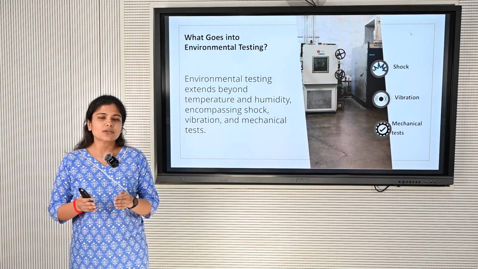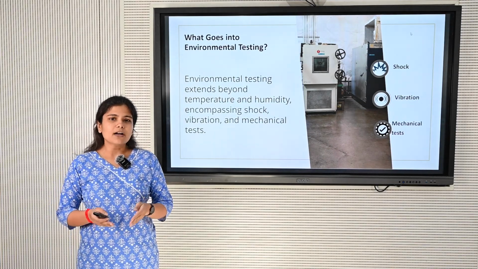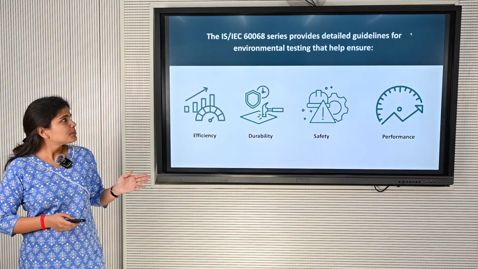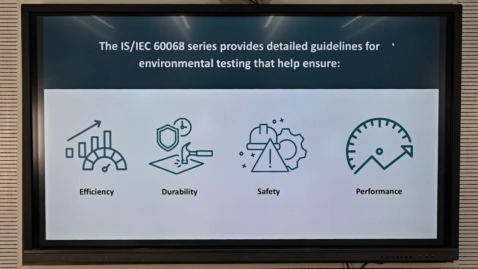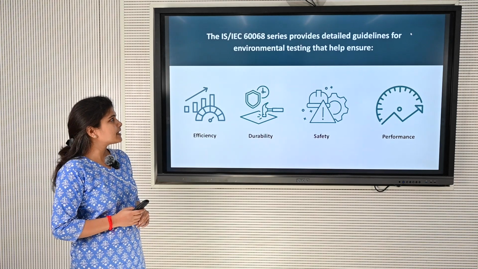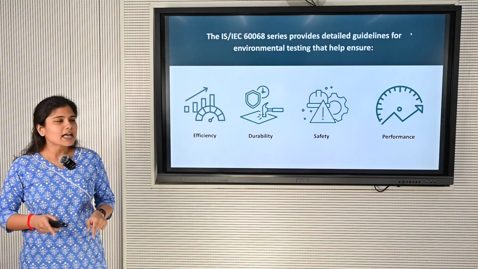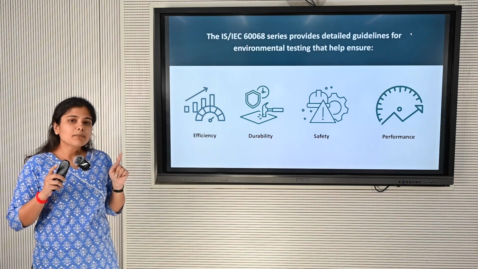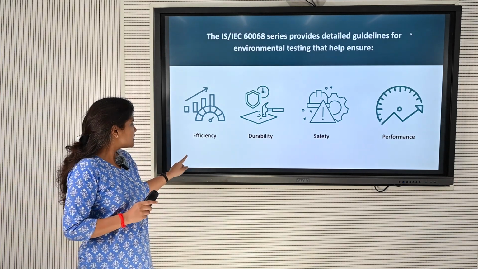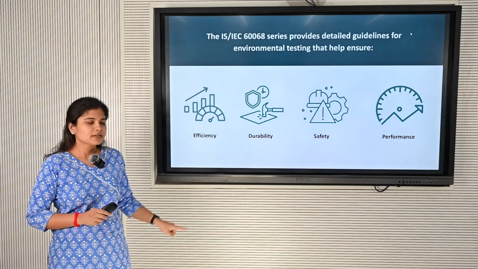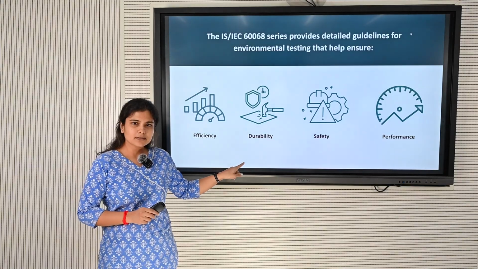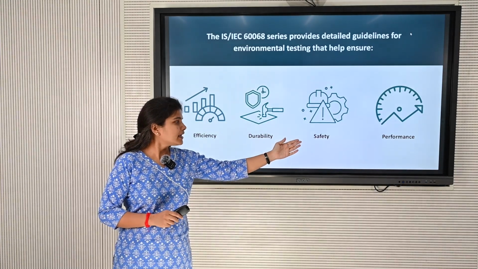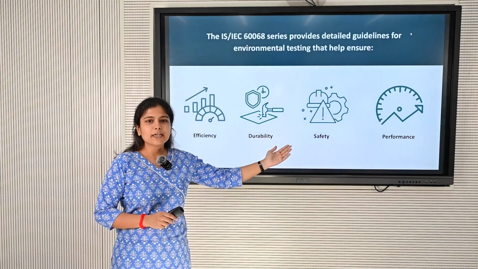So all these aspects get covered under environmental testing. This particular series, IS/IEC 60068, provides a detailed guideline for assuring that my product is efficient, it is durable, it's safe, and it has great performance.